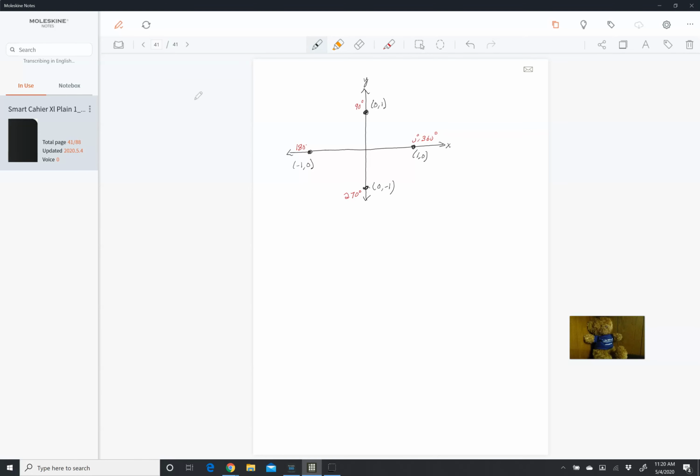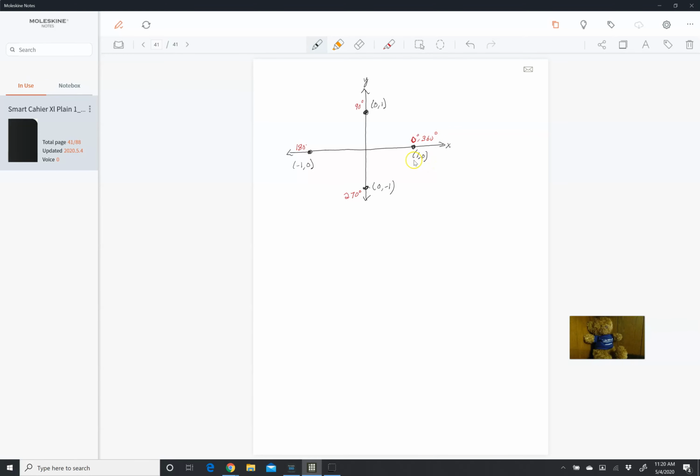Now, why is this helpful? It's helpful because knowing that the sine is the y value and the cosine is the x value, we know that the sine of 0 is 0.